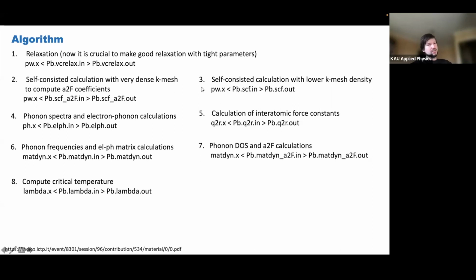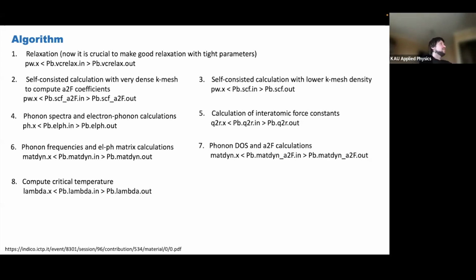One set is to calculate the spectral function coefficients. So it's not like calculating the coefficients; the output of this self-consistent run will be presented in a way which can be read by another routine in Quantum Espresso.